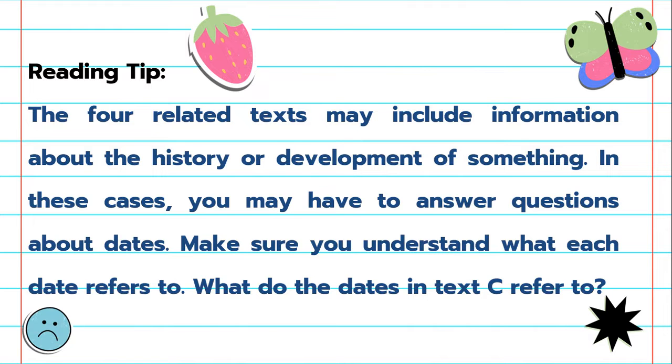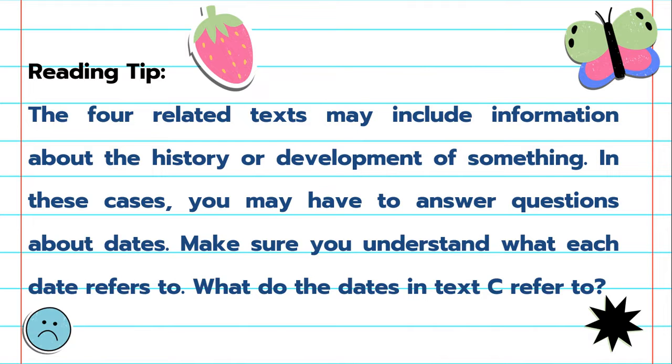So it means that all the four texts just now include different types of information about the history or the development of a place, or maybe the development of a situation. So in this case, you may have to answer questions about dates.